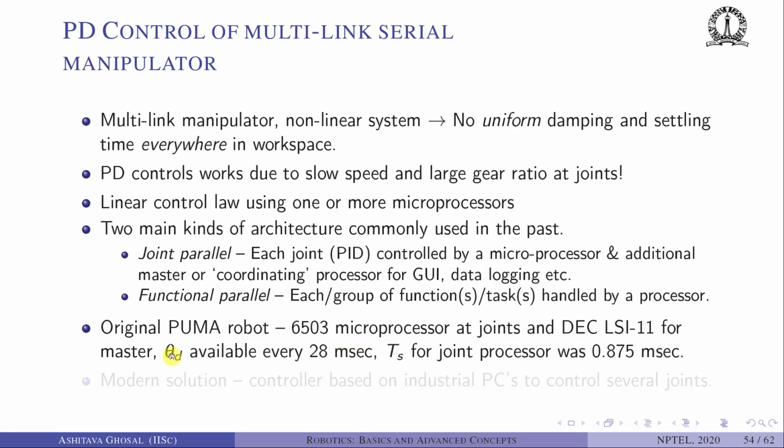Theta D was available every 28 milliseconds. So we do the motion planning, and every 28 milliseconds a new theta D was available. And the sampling time for the joint processor was 0.875 milliseconds. Remember we have to calculate the error, sample the input and sample the output. That TS is 0.875 milliseconds.